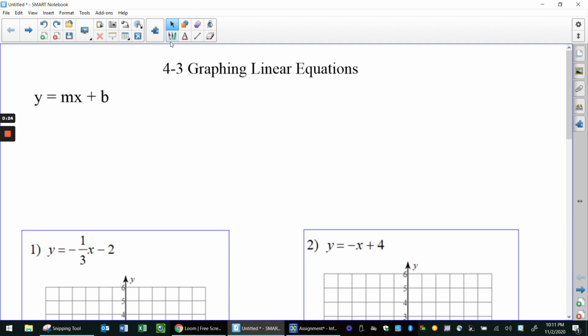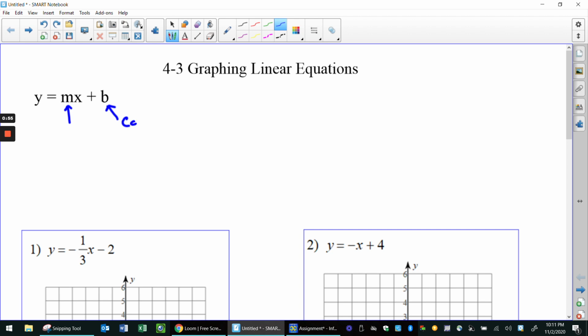A couple of details that we need to recognize with the equation is that, first of all, the slope is always the number that's being multiplied by x. And it could be positive, it could be negative, it could be a fraction, it could be just a whole number. And the y-intercept is a constant at the end of our equation.